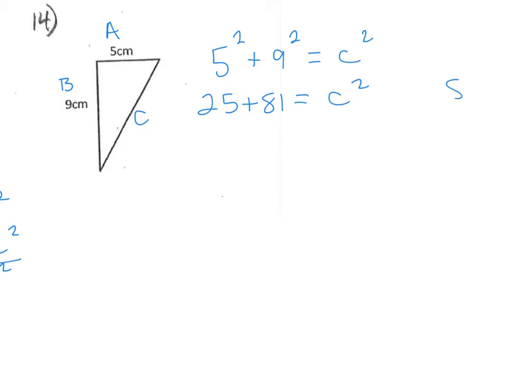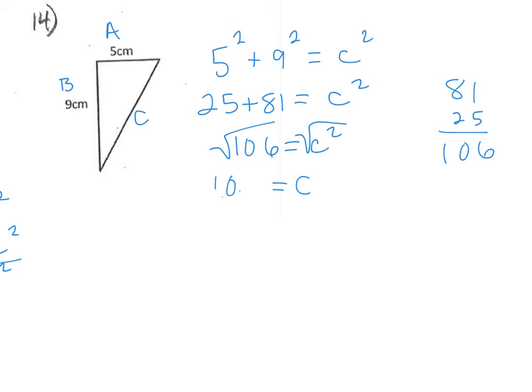We're going to add those together. 81 plus 25 is going to give you 106. 106 is equal to C squared. And then we have to take the square root of both sides. And the square root of 106 is approximately 10.3. And that's how you do 12, 13, and 14.